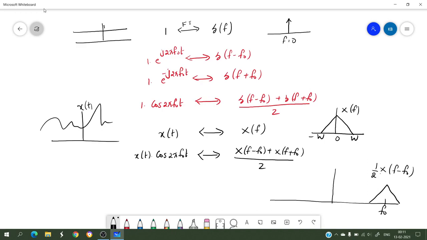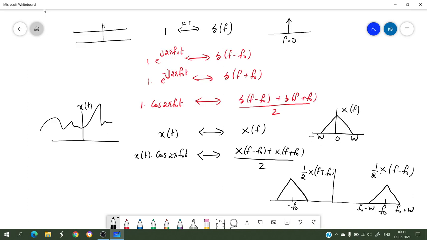And similarly, what about the other part? The other part is 1 by 2 X of f. This other part is shifted to the left by an amount of minus f naught. So I will represent it graphically like this, X of f plus f naught, by 2. And the frequency components here are f naught plus W and f naught minus W. So how do we get these higher and lower frequency components?